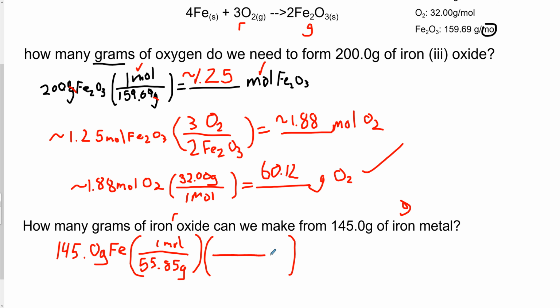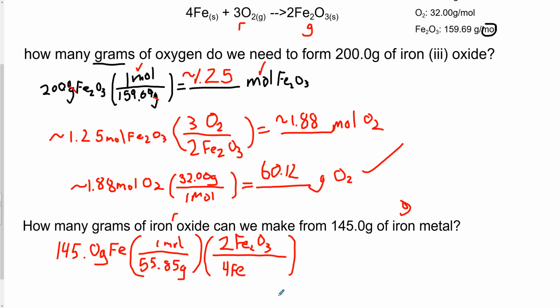In other words, how many moles of one chemical do we need in order to make how many moles of the other chemical? So I care about iron oxide. That's going to be in my answer. So how much iron oxide in the reaction? 2. So I'll say 2 Fe2O3. How many grams of iron? 4 Fe. There's my mole ratio.